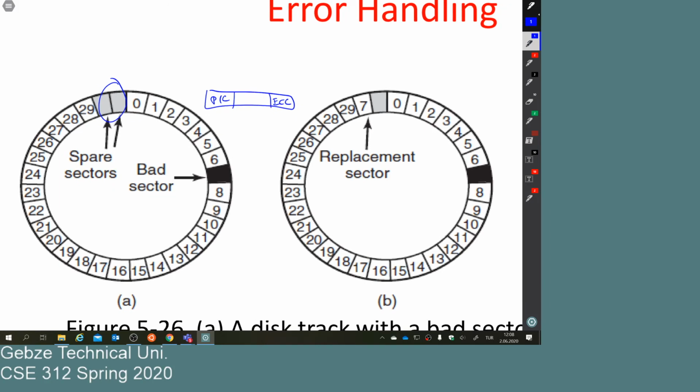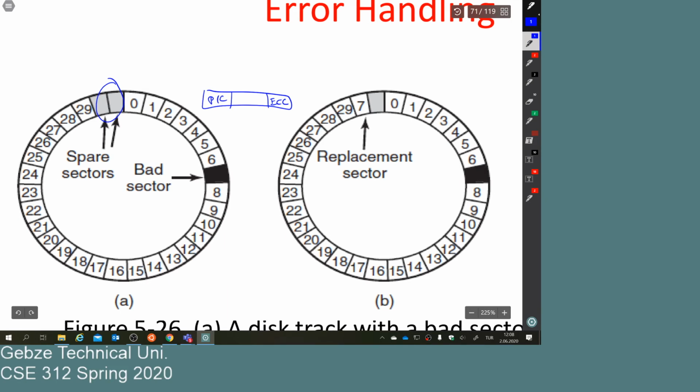So when you read this part, the preamble says that I am a bad sector, 7 is not here, and when you read this part, it says that I am number 7.